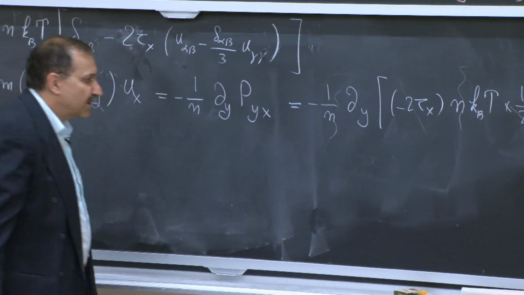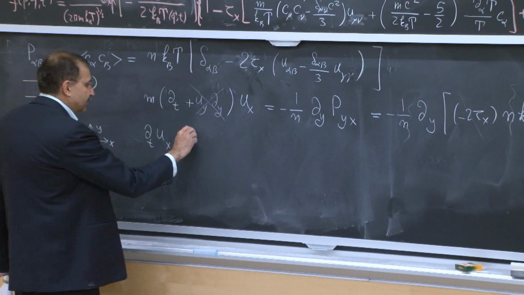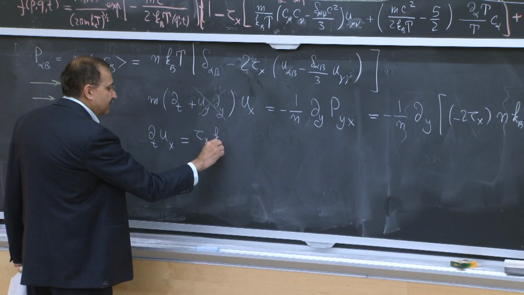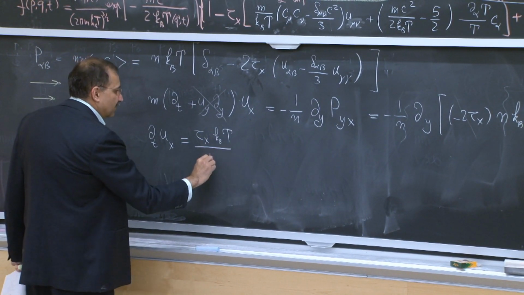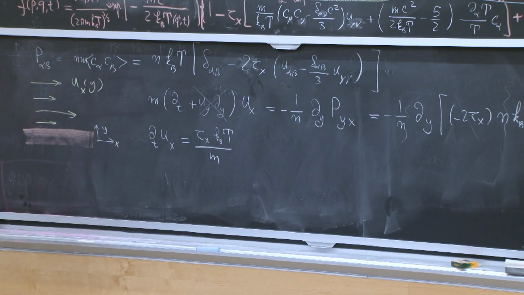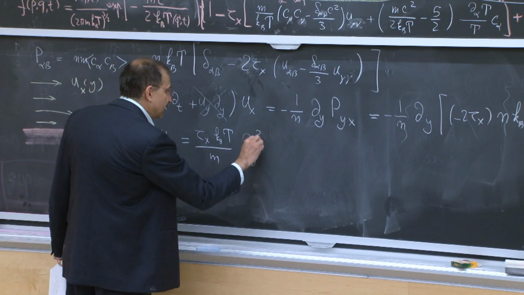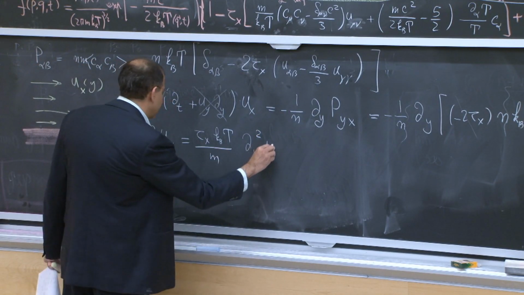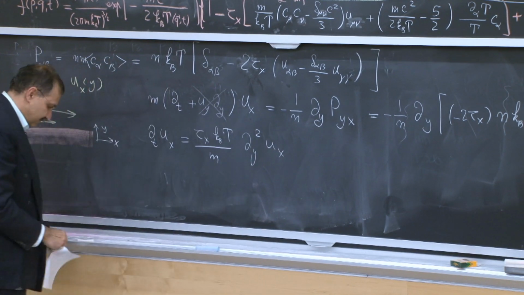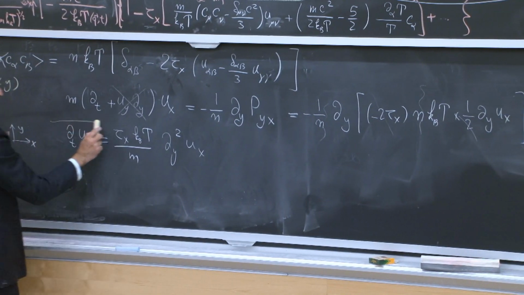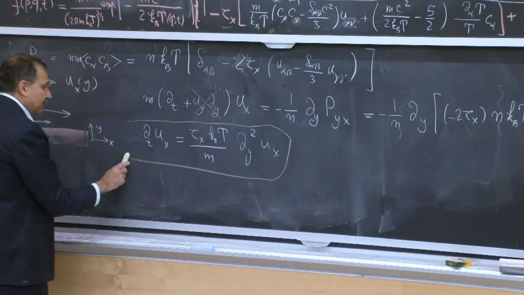I will have tau x kt over m, and then the second derivative along the y direction of ux.